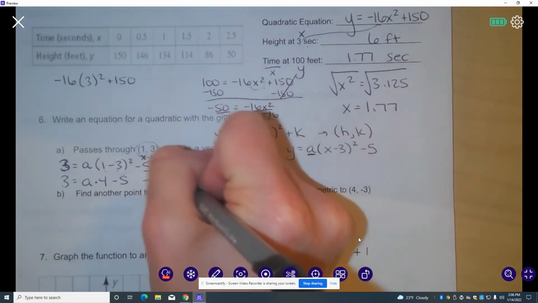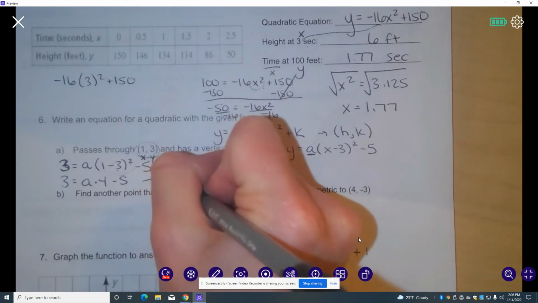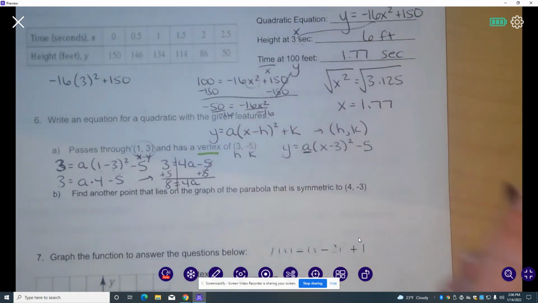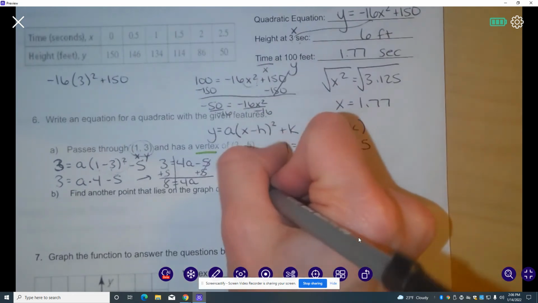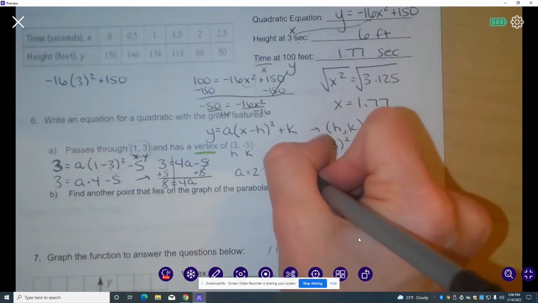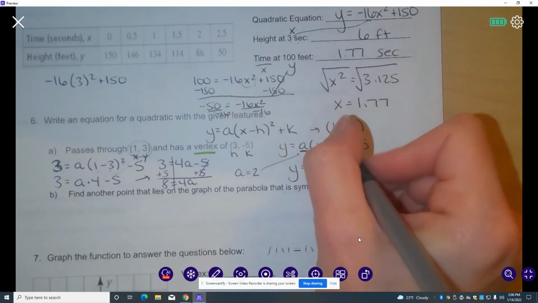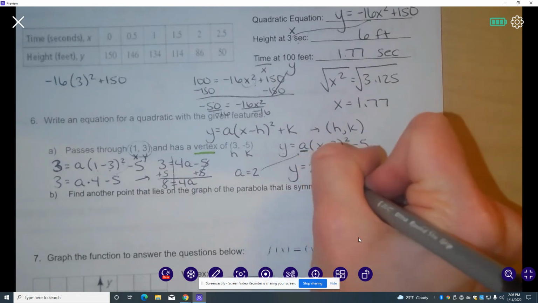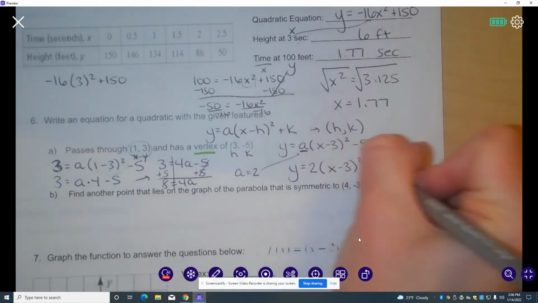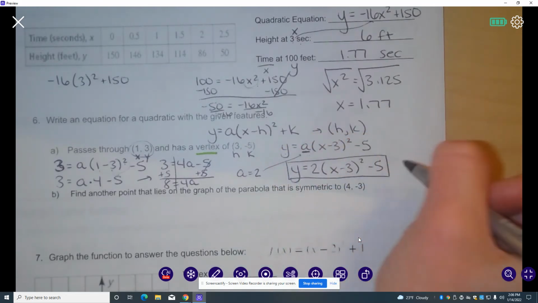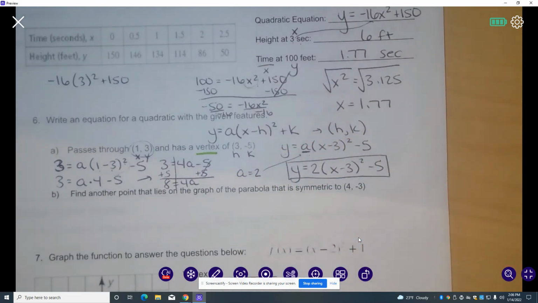I'll add 5 to both sides, and then divide both sides by 4. When I do that, I get that a is equal to 2. That's the value that I'll plug in. My final equation of this quadratic is y equals 2 times x minus 3 squared minus 5. Remember, we don't plug in anything for x or y for our final equation.